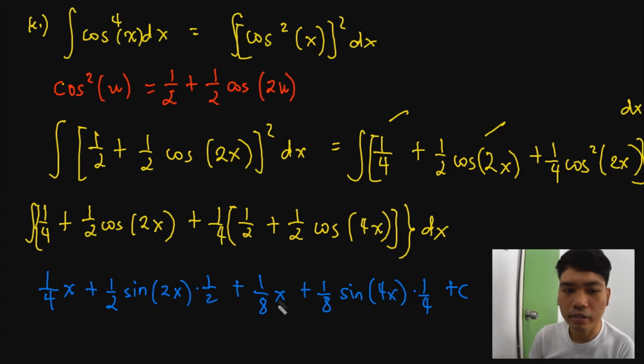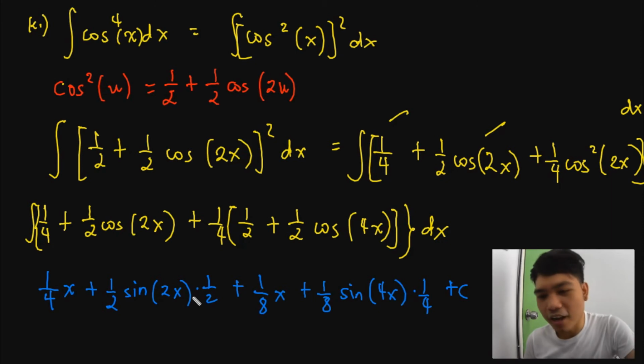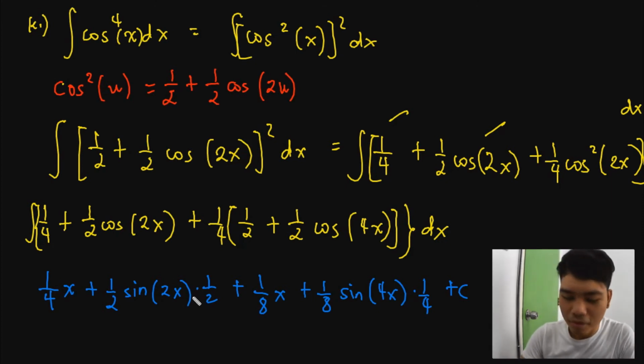So, ito na lang is need na natin simplify. So, pwede natin pag-add yung 1/4x plus 1/8x, which I think gives us 3 over 8. Okay. Pero syempre, kakalkuhin ko rin yan kasi mali. So, 1/4 plus 1 over 8. Okay, so 3 over 8x. And then, this one is 1/4 sine 2x.